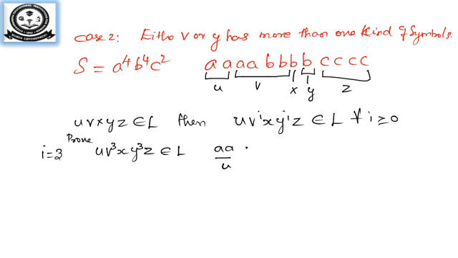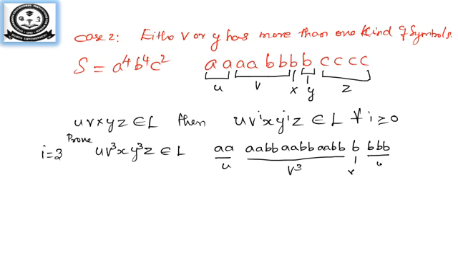What is v? aabb, so it has to be written thrice: aabb, again aabb, so this entirely is v cubed. And x is a single b. y is a single b, and it has to be written bbb thrice because it's y cubed. And z is going to be four c's. Now let me count the a's.